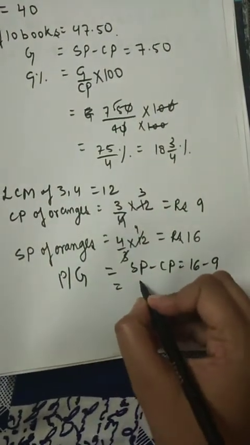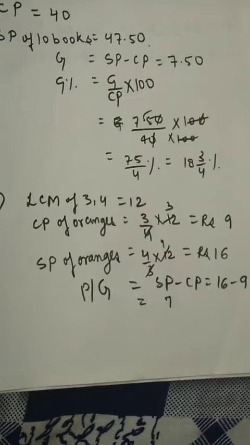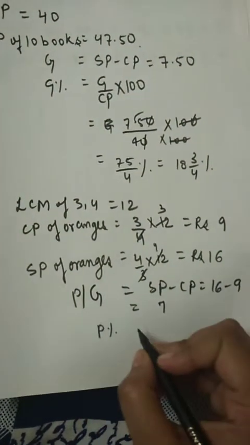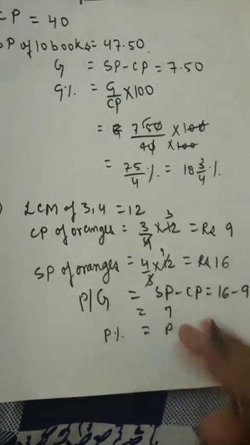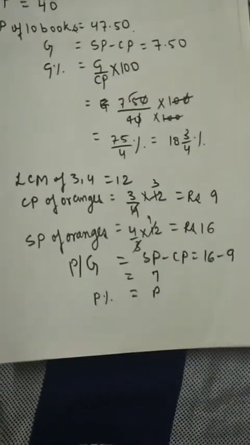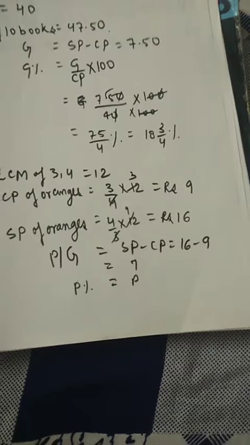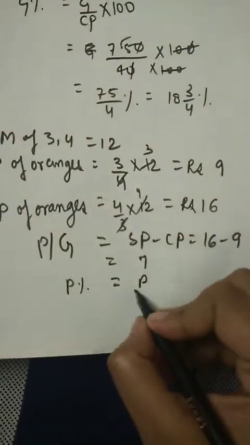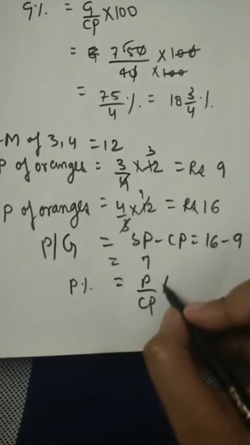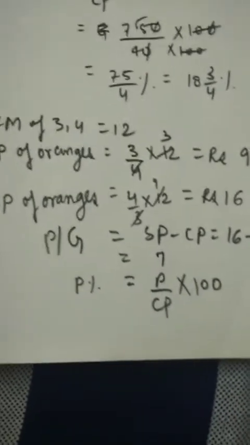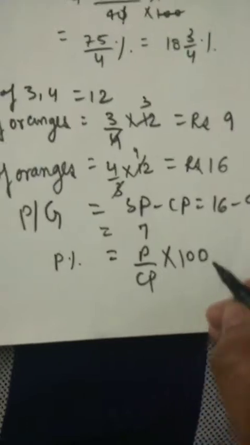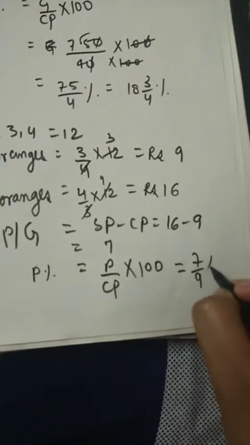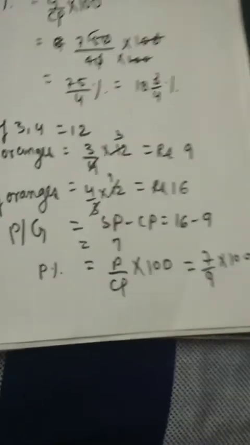equal to 7. Now they have asked for profit percent or gain percent, so we will find profit percent as profit upon CP into 100. So it will be profit is 7, CP was 9, and into 100.